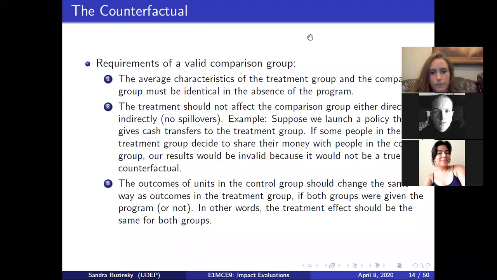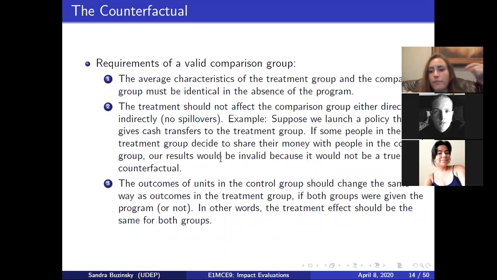Can I repeat the first condition? Yes, I can, Deanna. The first condition or requirement is that the average characteristics of the treatment group and the control group should be identical in the absence of the program. Okay, so that means that they're identical across all characteristics on average.